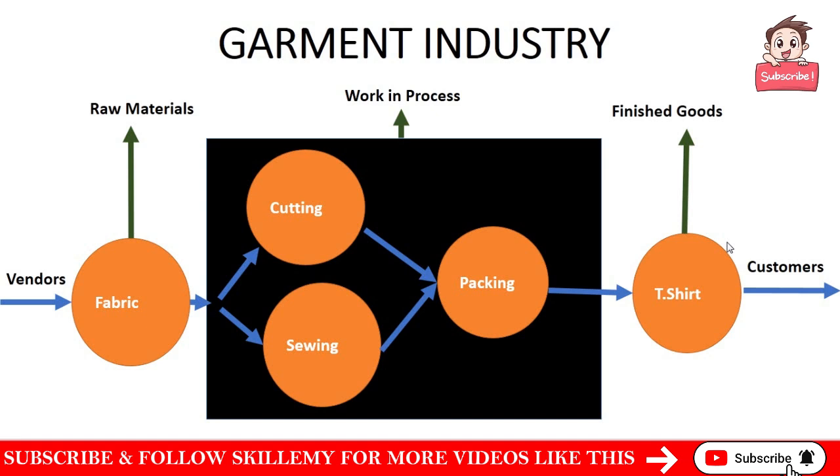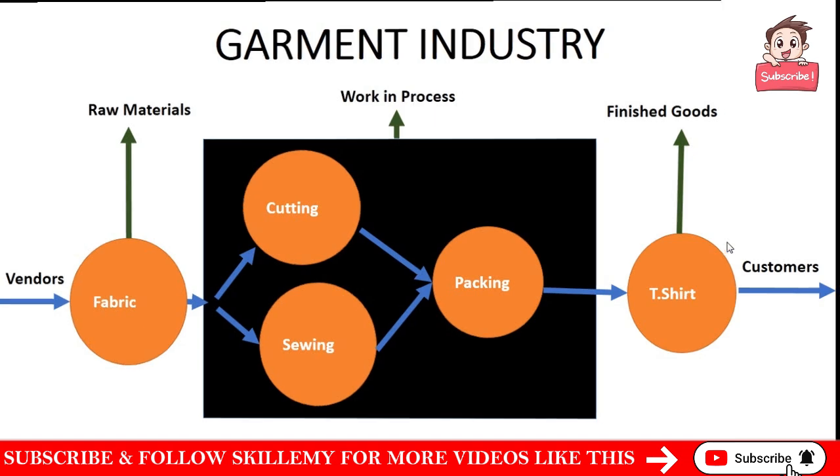These work processes are called work in process, right? And after that we get the completely final good, the t-shirt, which is called finished goods. After that we will sell the t-shirt to the customers. So it is easy to understand in the garment factory: raw material, work in process and finished goods.